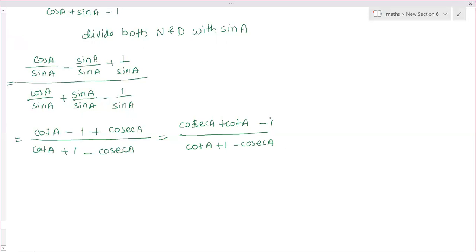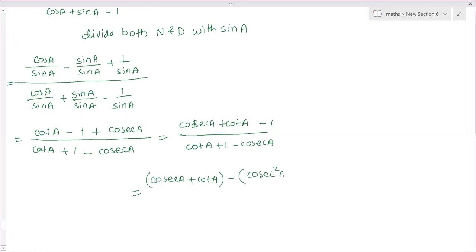Now here we have to substitute 1 with cosec square minus cot square. So this becomes cosec A plus cot A minus the value of 1.